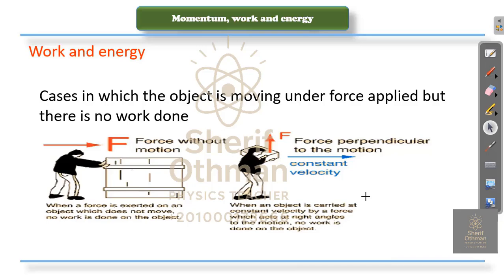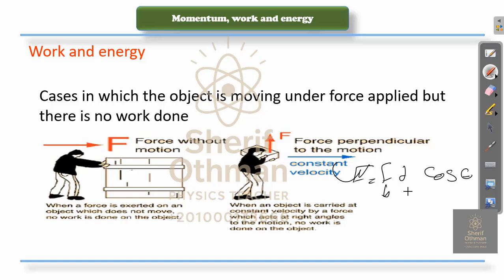So guys, when an object is carried at a constant velocity by a force which acts at a right angle to the motion, there is no work applied, or there is no work done on the object. Let's simply solve it and know how it works. Work is equal to F d cosine theta.